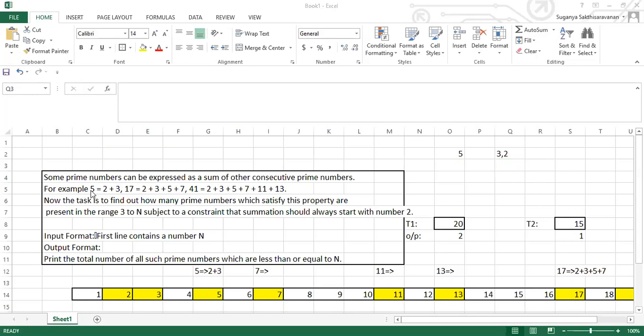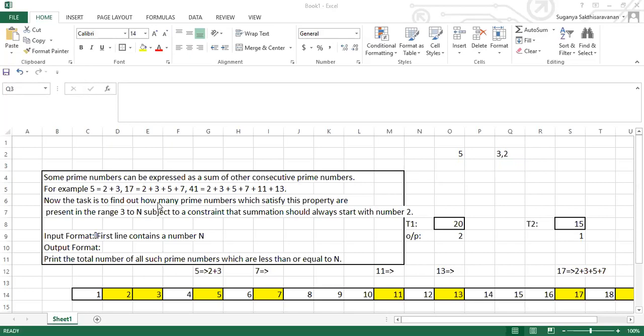For example, if you pick the number 5, 2 and 3 summation gives you 5, where 2 and 3 are prime numbers. The same way if I pick the value 17, I can form 2 plus 3 plus 5 plus 7, which gives you 17. Here the important part is it follows two rules. One is all the numbers are prime numbers, and the second condition is all the numbers are consecutive prime numbers.